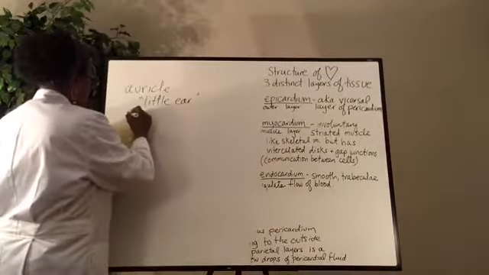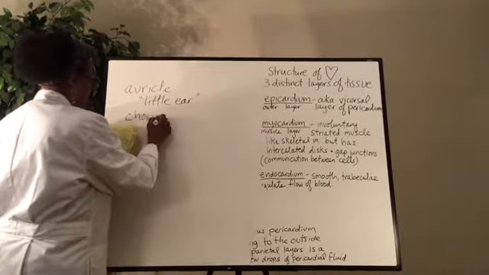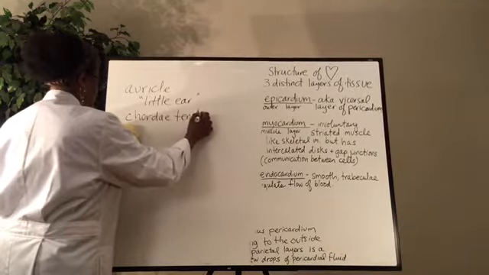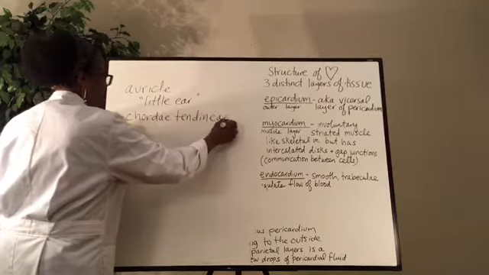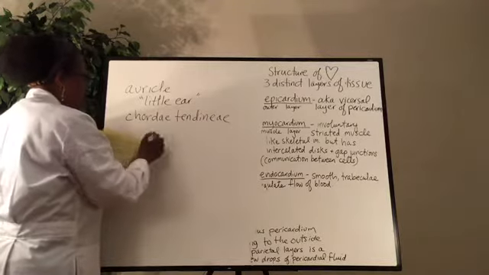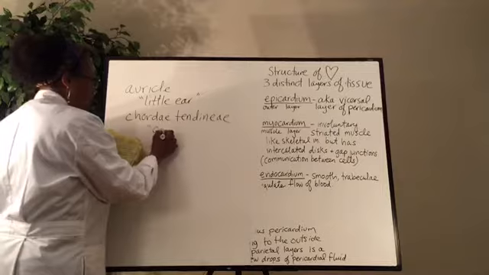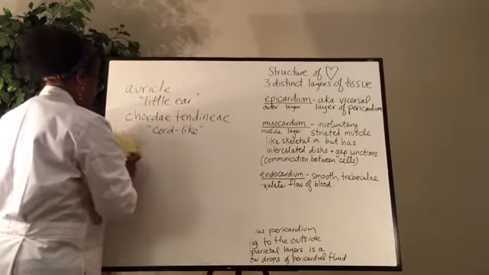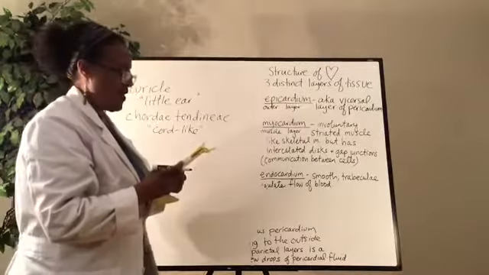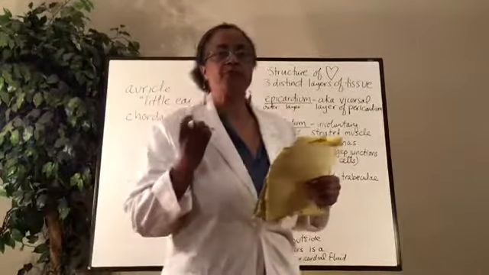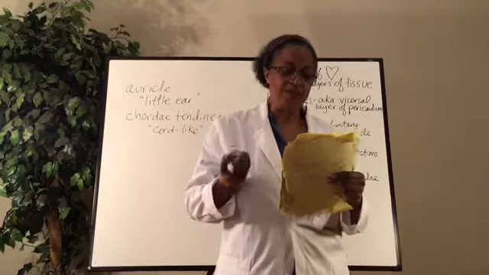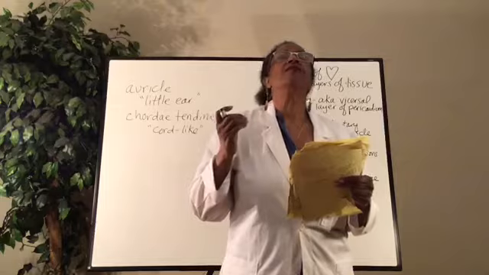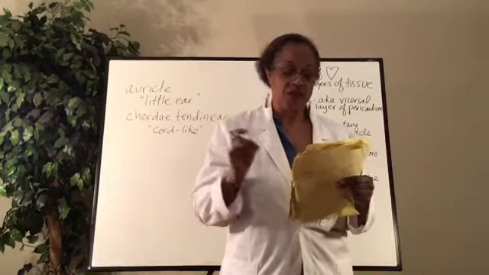Another word to be familiar with would be chordae tendineae. Chordae tendineae is cord-like. These are structures that anchor the papillary muscles, okay?